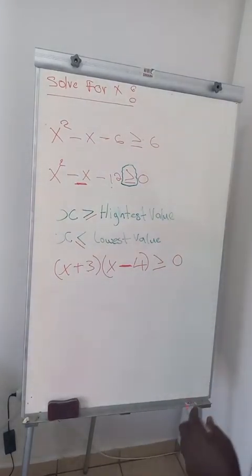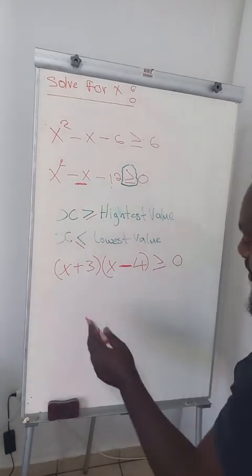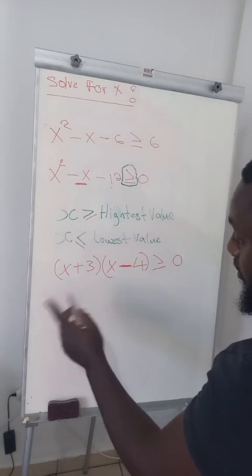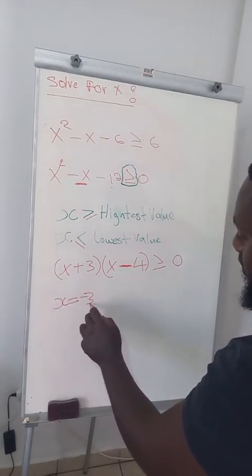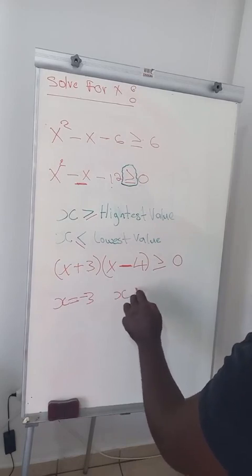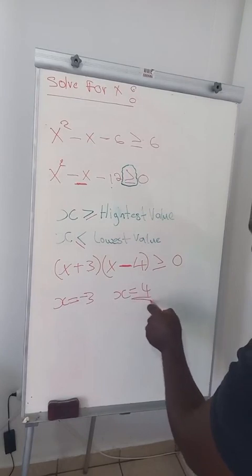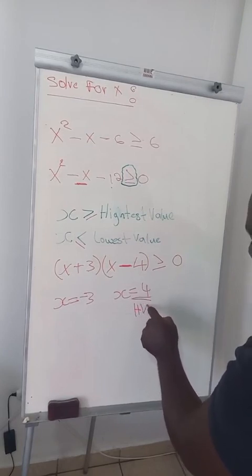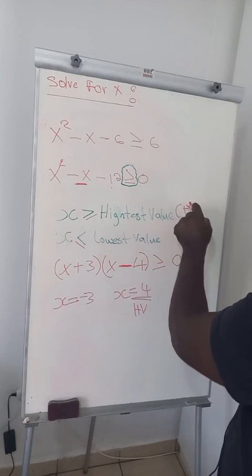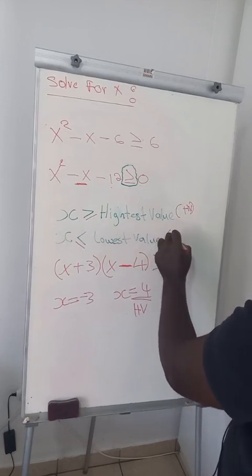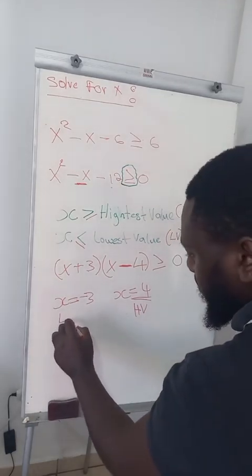Now, if you were only having an equal sign here, your answer would say x equals negative 3 and x equals 4. Do you see that the highest value is this one? This is your HV, and this is your LV, so your lowest value is this one.